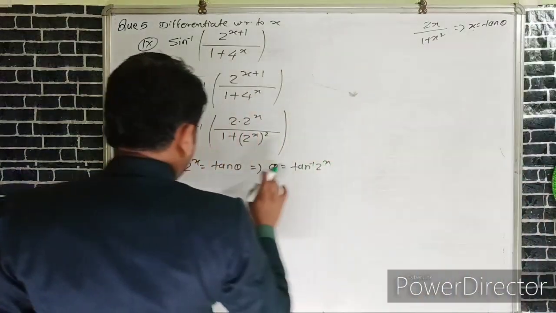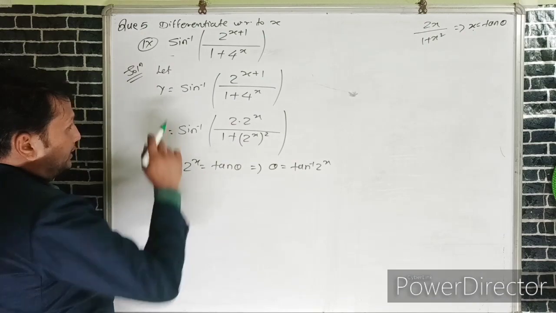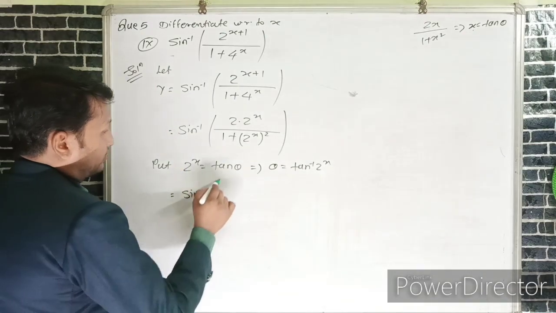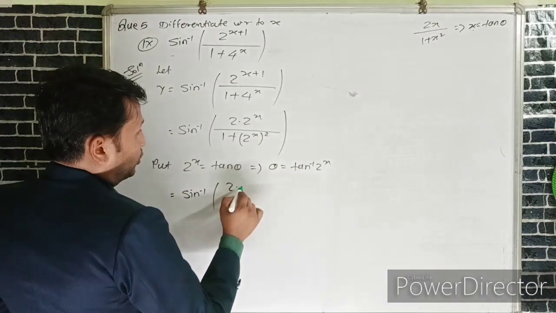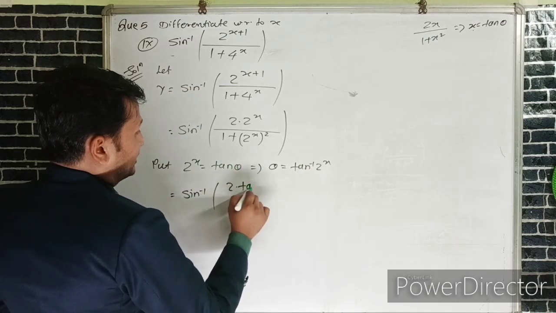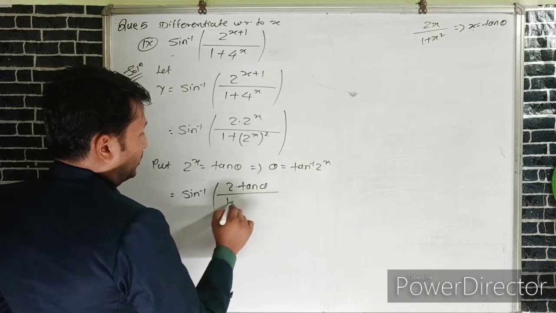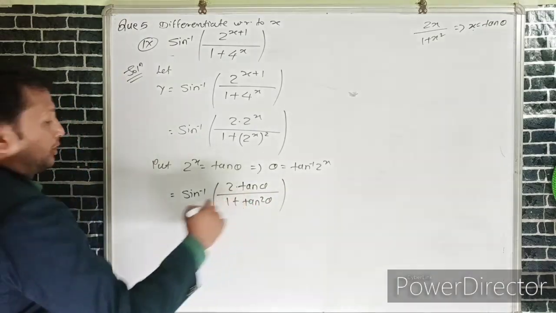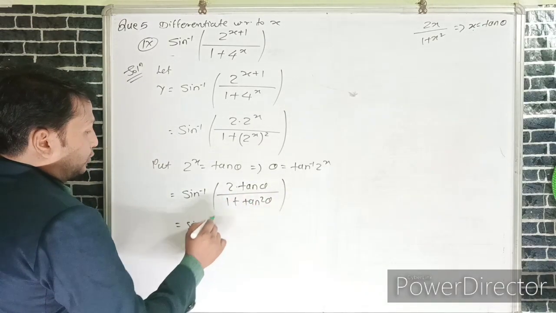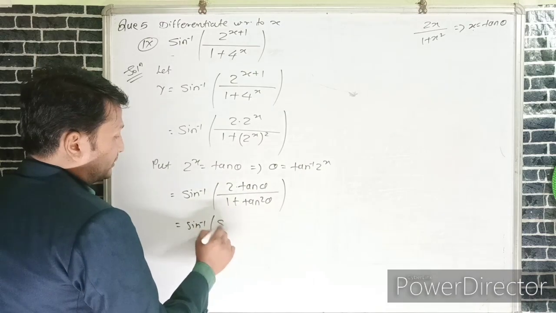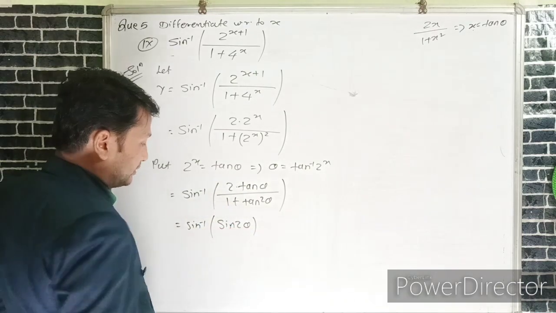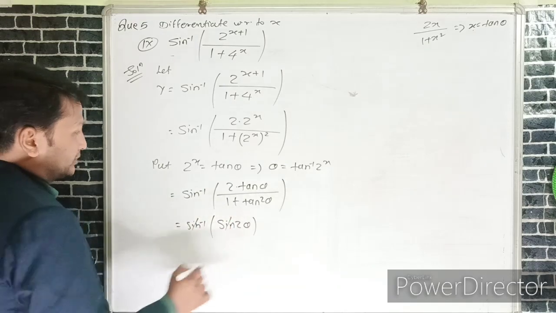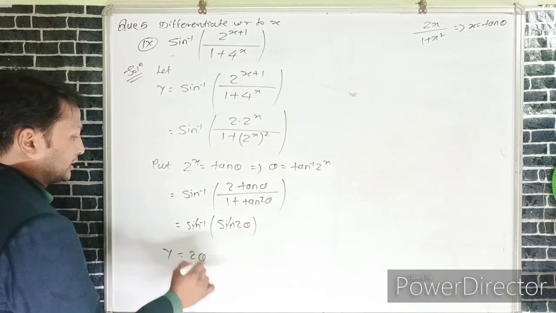Now again y is equal to sin inverse of 2 tan theta upon 1 plus tan square theta, which is the form of sin 2 theta. Here sin inverse sin cancels, and we can write y is equal to 2 theta.